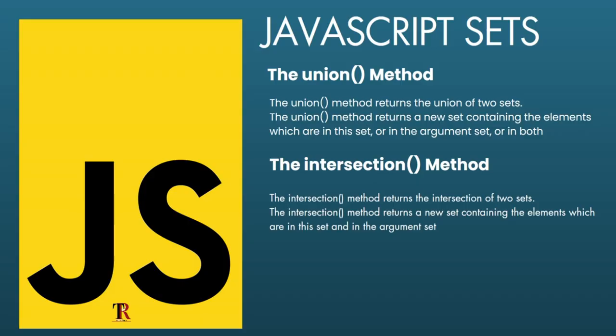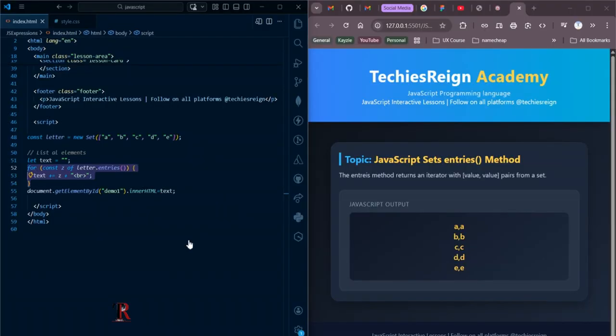Also, the intersection method returns the intersection of two sets, so what is unique to both of them. It returns a new set containing the elements which are in this set and the argument set. So let's quickly dive into the examples to understand what this actually means in JavaScript.